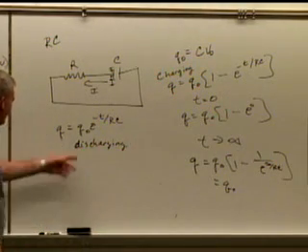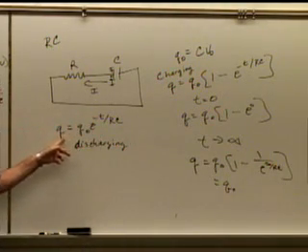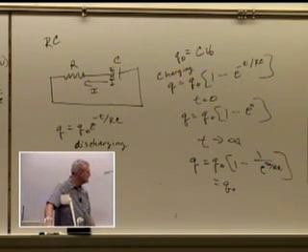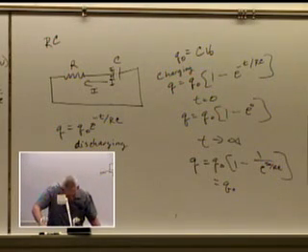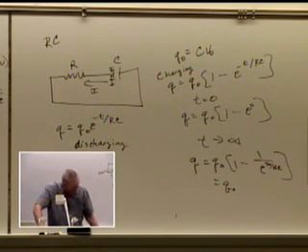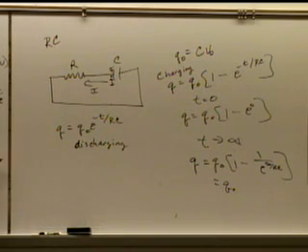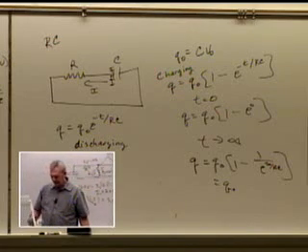So eventually, as t keeps running on, this thing goes back down to 0 again, because I wind up with a really large number in the denominator once again, and so therefore it goes to 0.